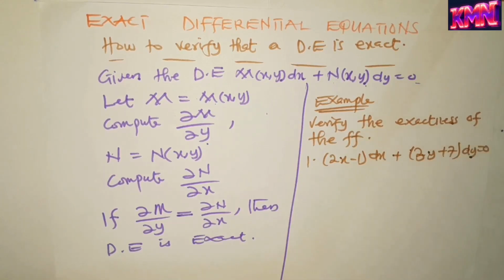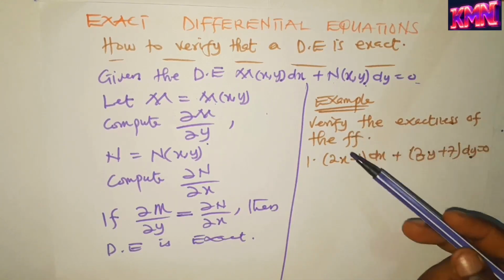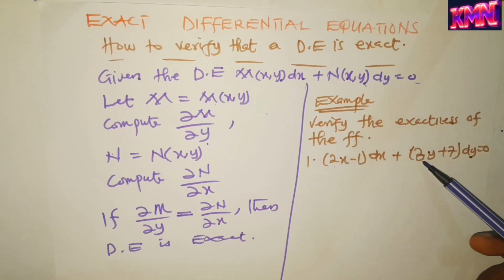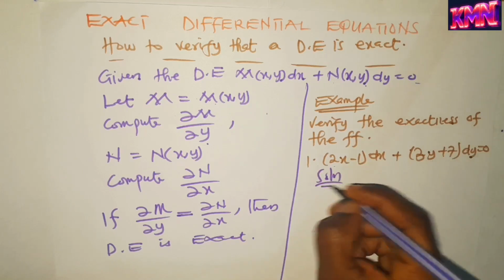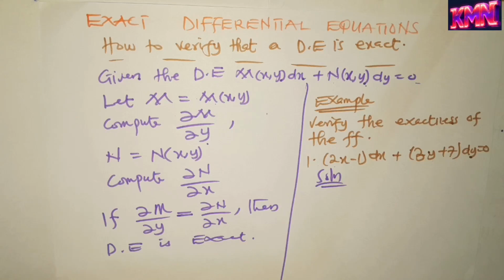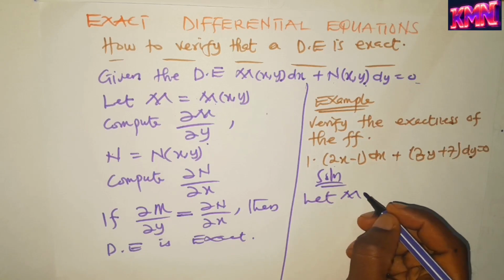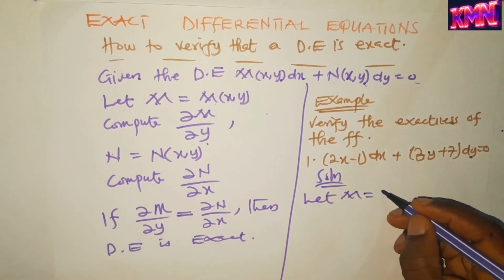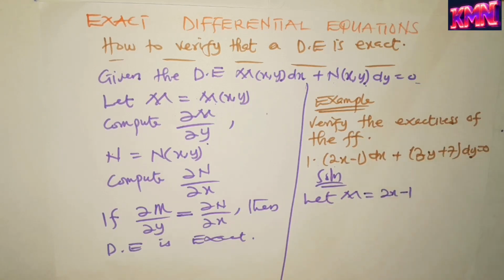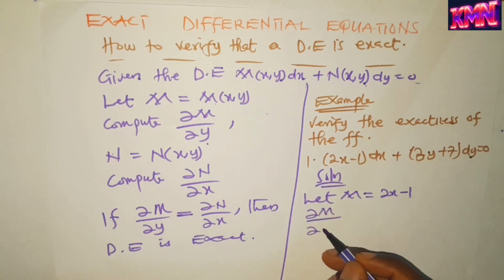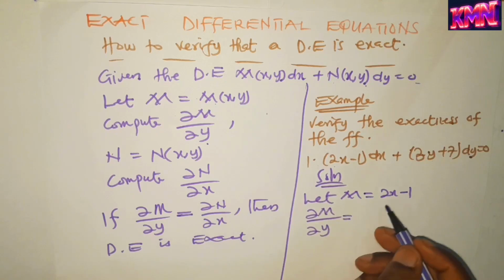This particular problem says verify the exactness of the following. First one is 2x minus 1 dx plus 3y plus 7 dy equals 0. So as stated, we need to let m equal 2x minus 1. Let's compute that. So we are computing the partial derivative of m with respect to y, and that gives us 0.